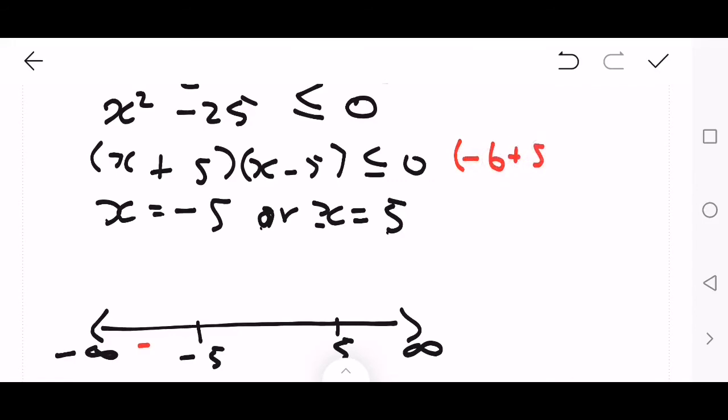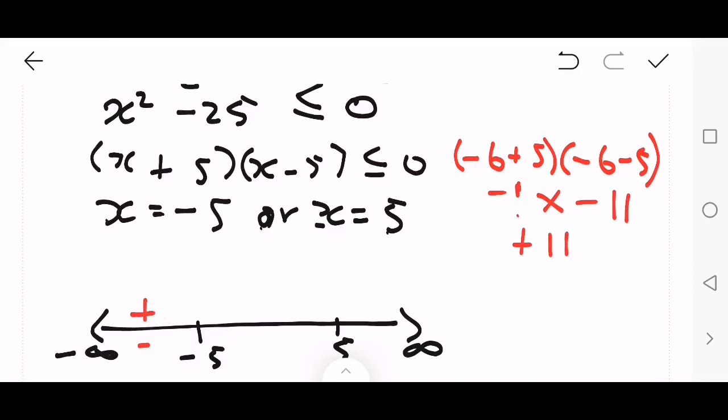Minus 6 plus 5 is minus 1, times minus 6 minus 5, which is minus 11. Minus 1 times minus 11 is positive 11. So we'll have a positive over here.